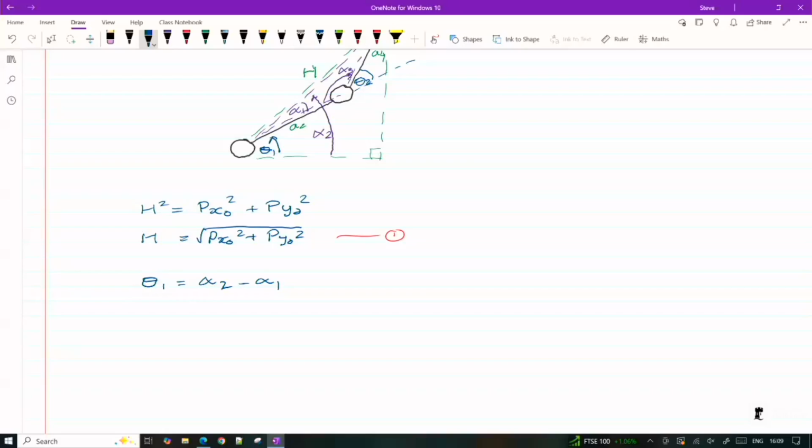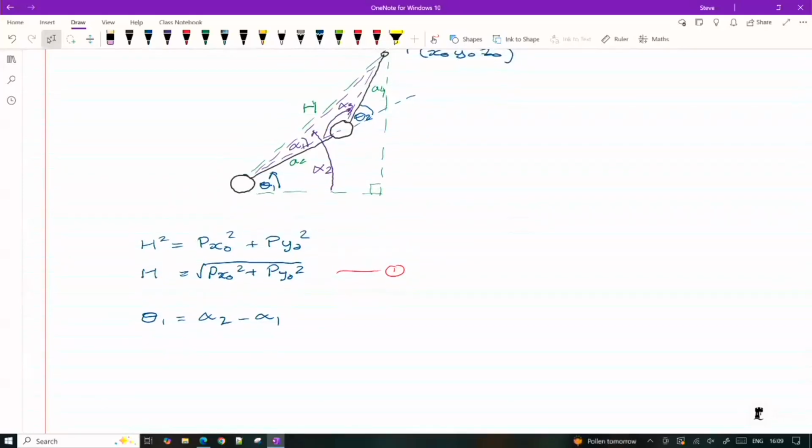So we can't come up with theta 1 directly from that configuration, but can we come up with something for alpha 1 and alpha 2? If we look at alpha 2, that's the angle from the horizontal to the hypotenuse. We know both the horizontal and vertical sides, because they are px0 and py0.